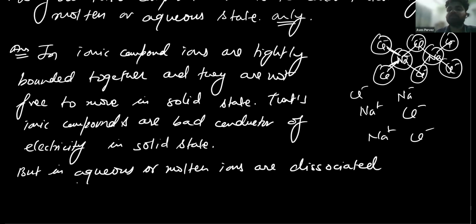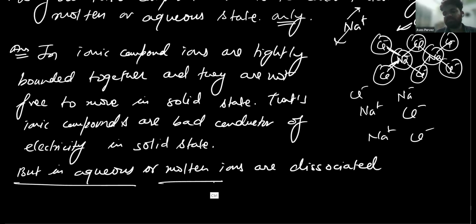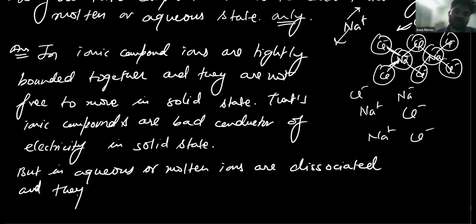If ions are dissociated, it means they are being broken. For example, this is NaCl. When it got dissociated, it formed Na positive and Cl minus ions. This Cl minus ion can go anywhere, and this Na positive ion can go anywhere. So in aqueous or molten states, ions are dissociated, and they are able to conduct electricity.